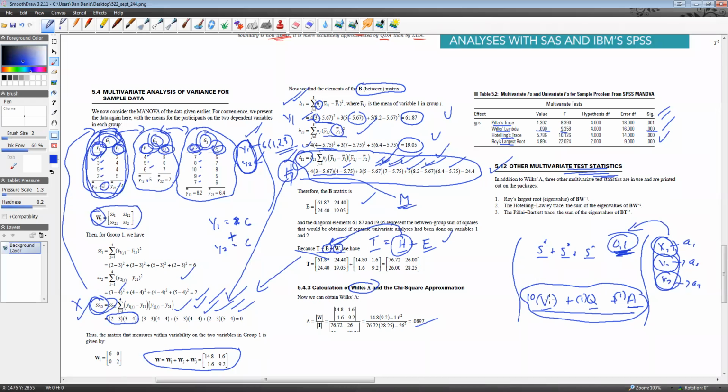But I might say this is 10 times verbal, 1 time quantitative, and 1 time analytical. Maybe this variate is mostly made up of verbal. So whatever is doing the discriminating is mostly a verbal thing, but also contains a little bit of other things, kind of like a mixture.